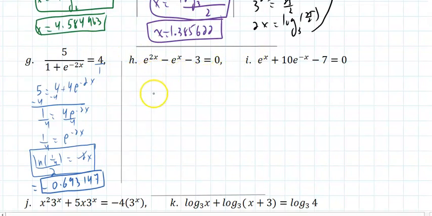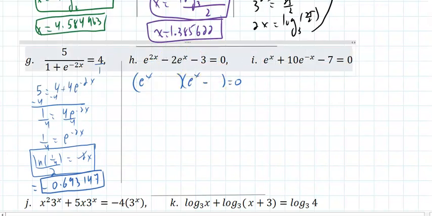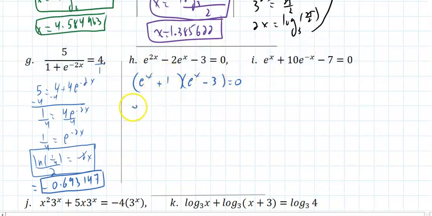This problem. This is quadratic. I could factor this into e to the x minus, oh, I messed up, I'm sorry, I meant for that to be a 2, minus 3 plus 1. So e to the x plus 1 equals 0, that means e to the x equals negative 1, that's not possible, exponentials can never be negative.